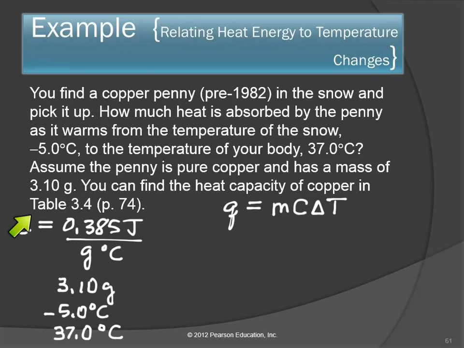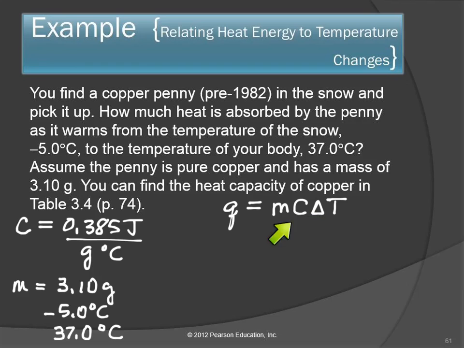Here's C. We already got that because it basically told us to go look that up. So that's C. Which of those numbers is M? The 3.10, right? It says mass of, and the unit also tells us, because we should know that gram is a unit of mass. It's not a unit of temperature or volume, it's a unit of mass.